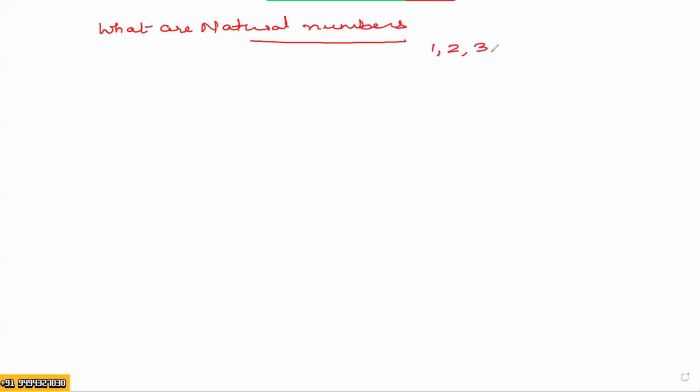Right, 1, 2, 3. And if I have to represent natural numbers, which alphabet will I be using? Capital N. We have to use capital N for representing natural numbers.